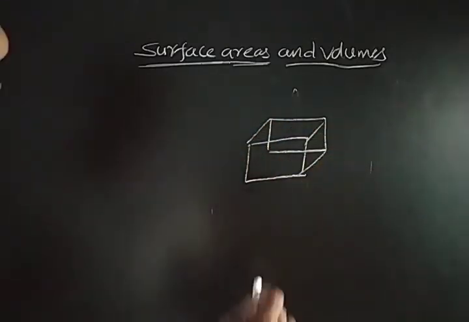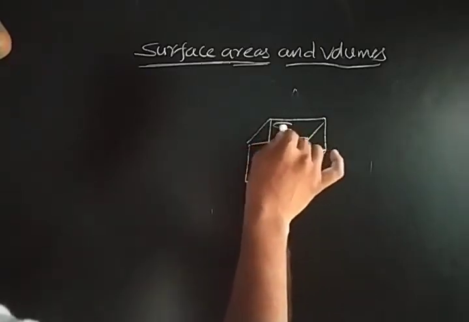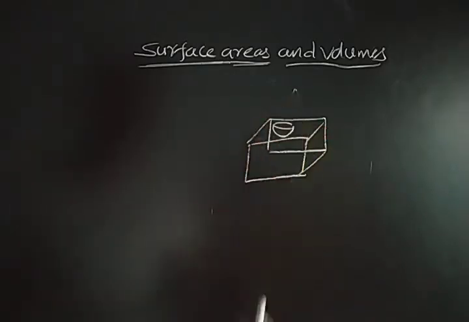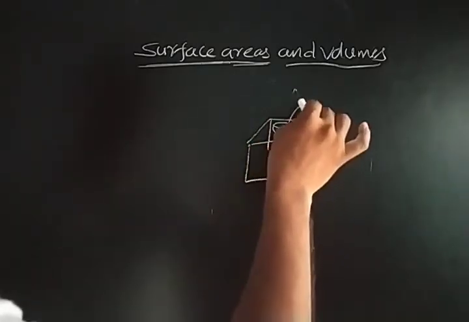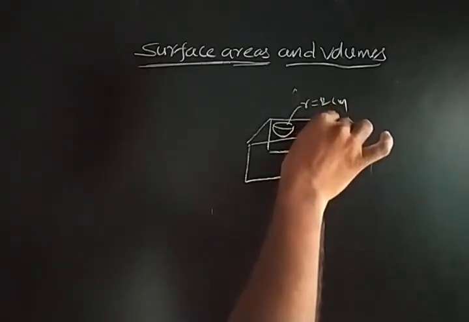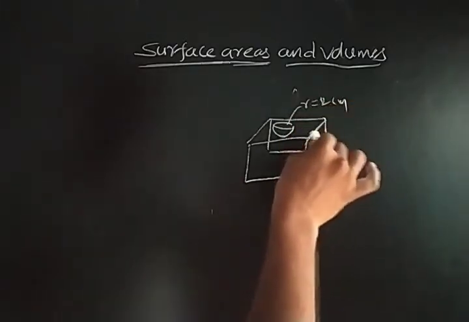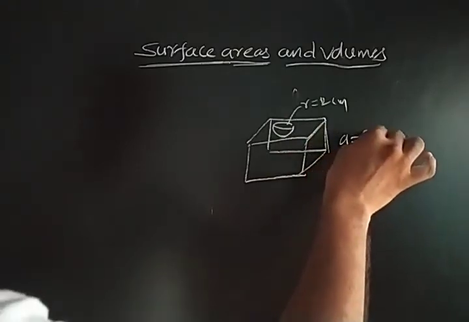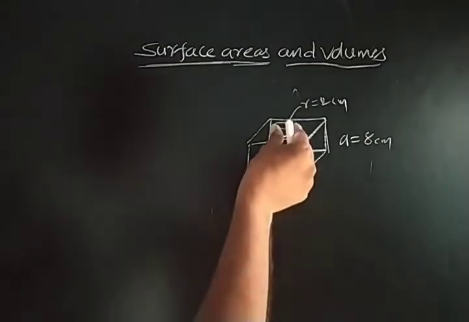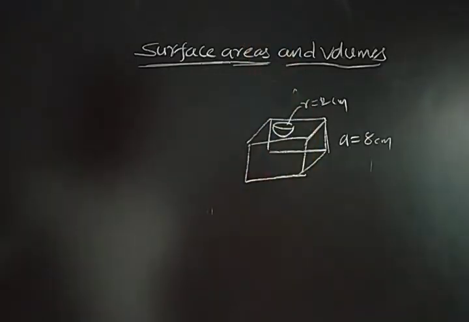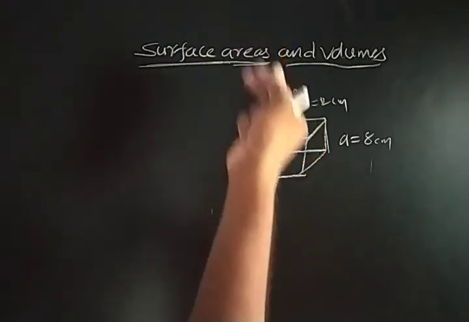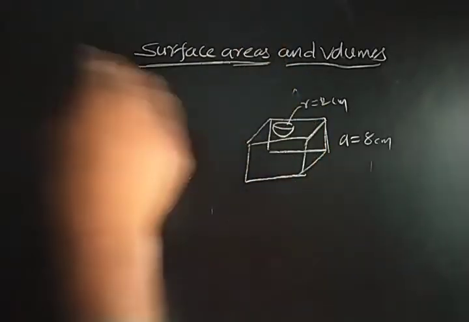From this solid cube, I am scooping out one hemisphere on the top, whose radius is 2 centimeters, and the edge of this solid cube is 8 centimeters. So from this solid cube, I am scooping out the hemisphere from the upper part. When you remove this hemisphere from the cube, I require the remaining solid volume.